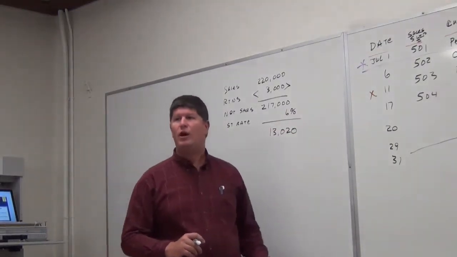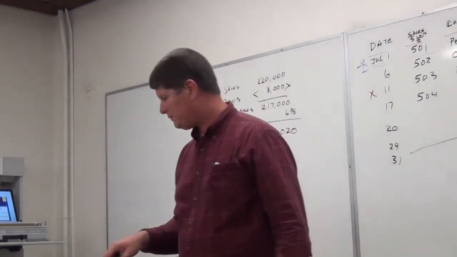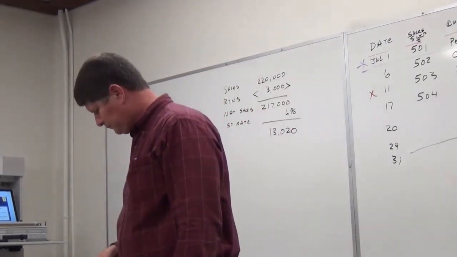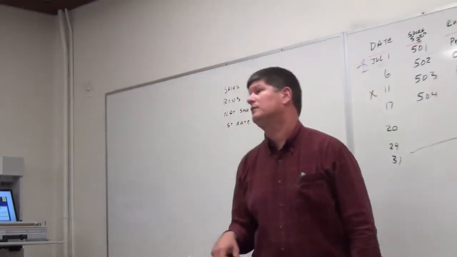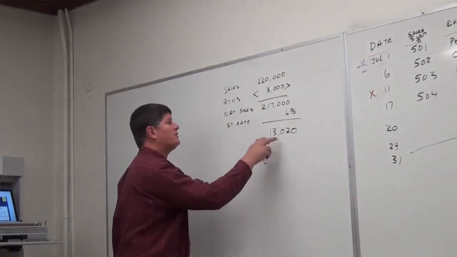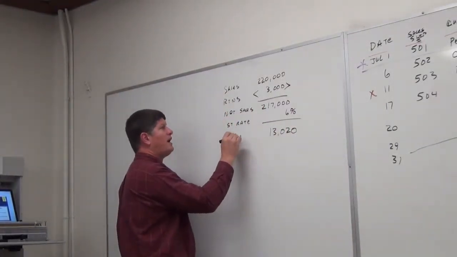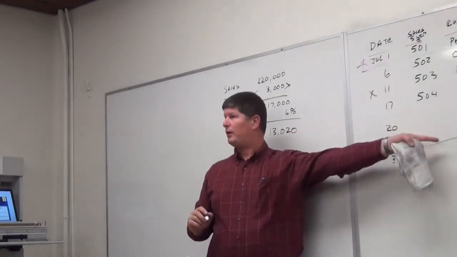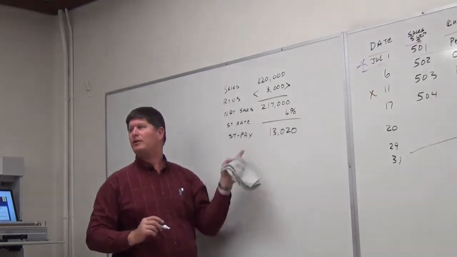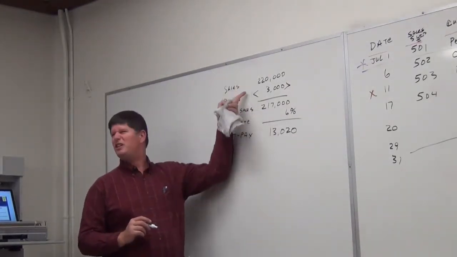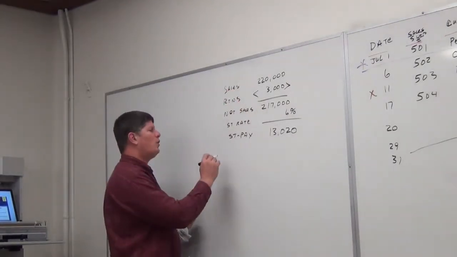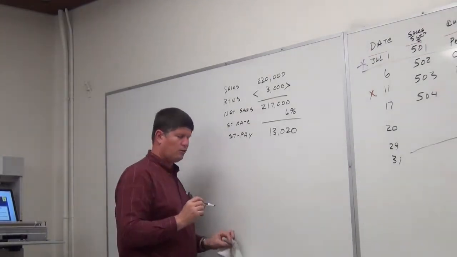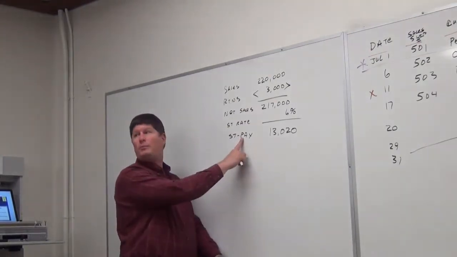So it wants us to do what? Write the journal entry to record the payment at the end of the month of the sales tax. So here's the amount that's going to be in our sales tax payable account, because we recorded that as we went through up here. Okay, we just had to calculate it though, because they're kind of testing us to see if we did this. So when we pay it, our liability is going to go up or down?